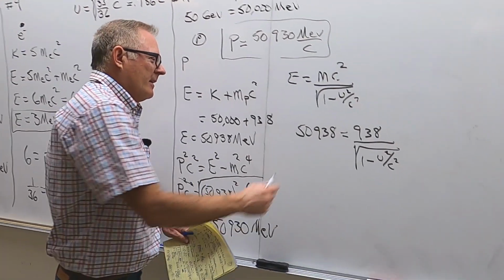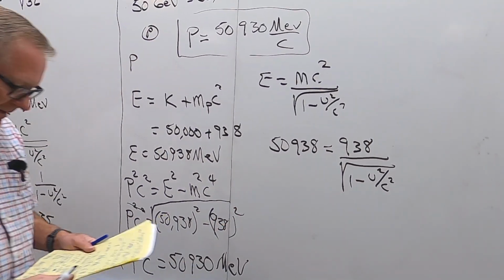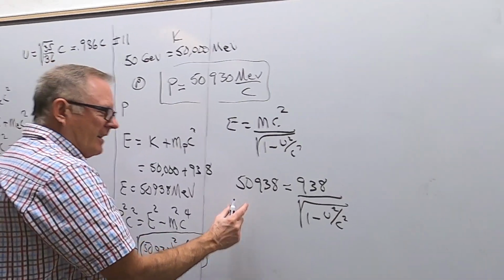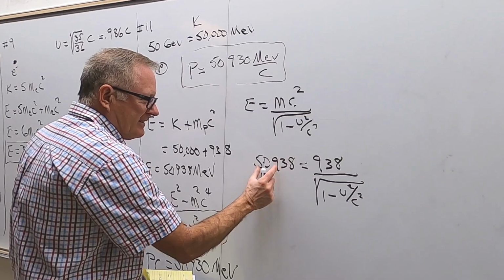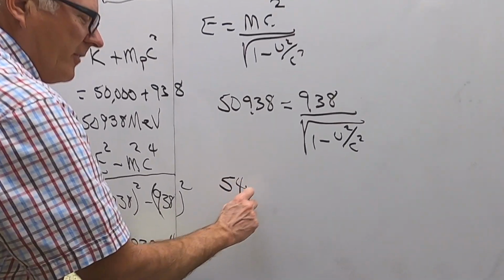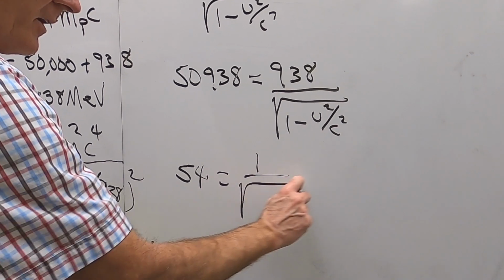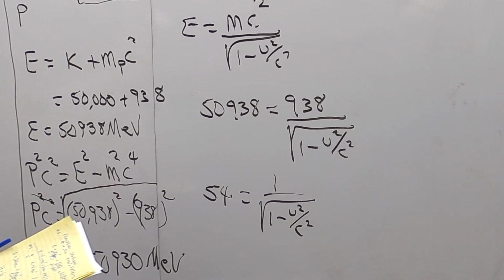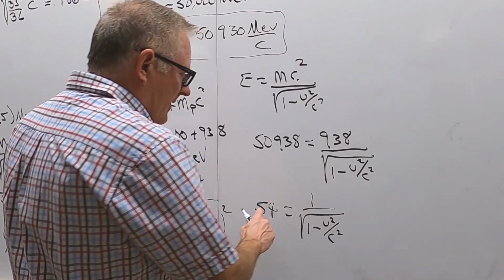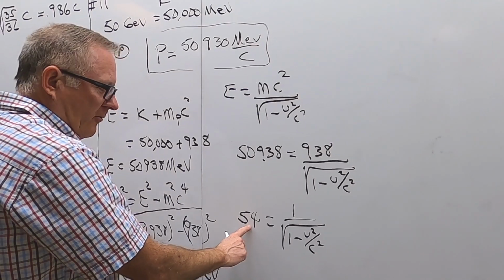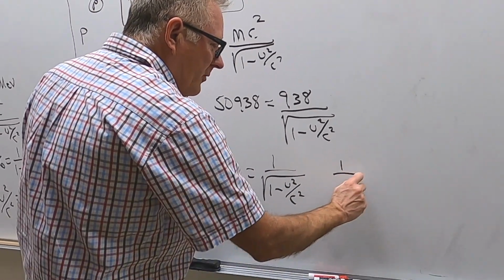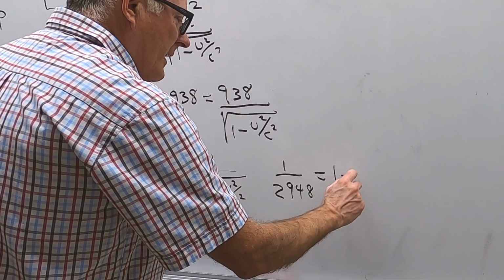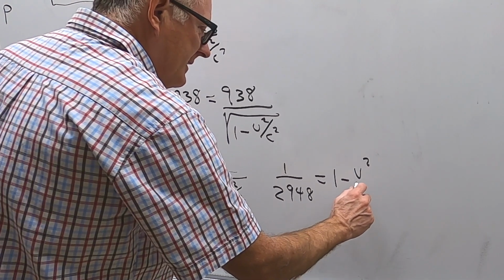We can bring that down below and divide. This number over this number is 54. So 54 equals 1 over the square root of 1 minus u squared over c squared. We can square both sides and flip it. The square of this is 2,948, and then flip it, so we got 1 over 2,948 equals 1 minus u squared over c squared.